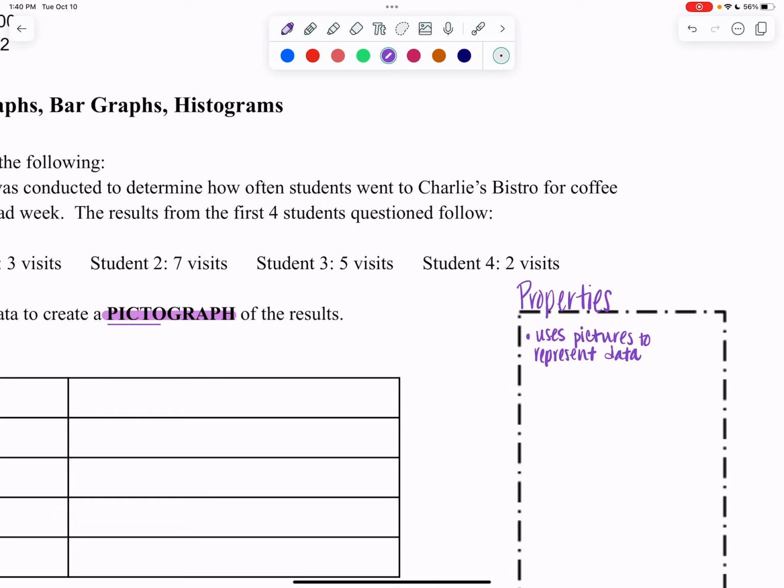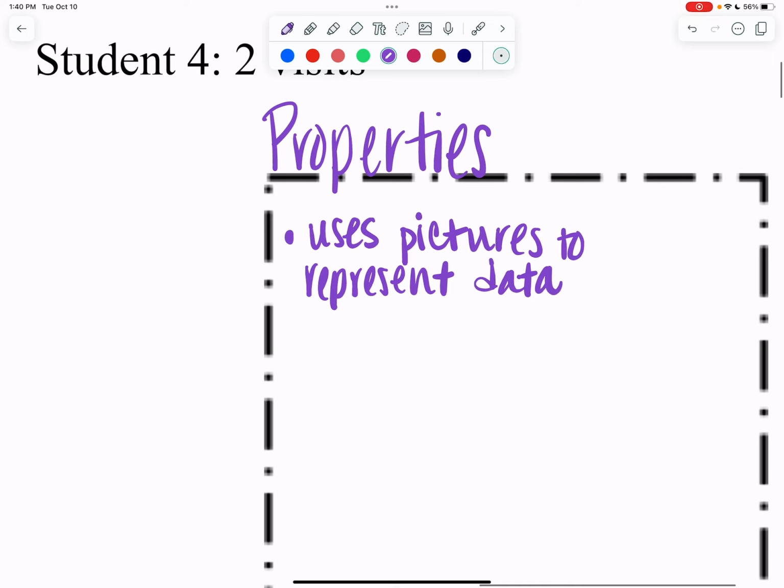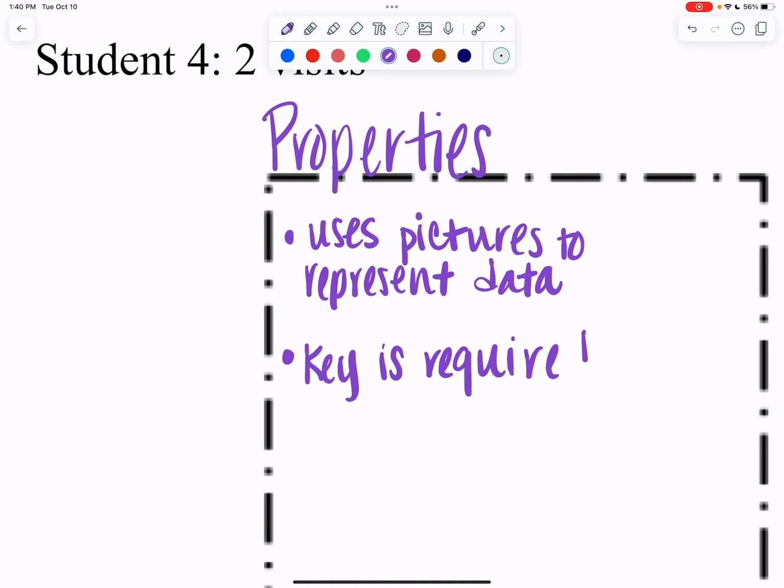The problem is we can't just use any old picture. We need to use a picture that's set up with a key. Now, we're not opening any doors with this key.